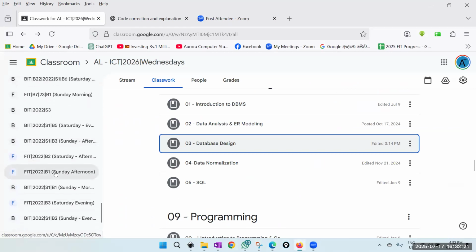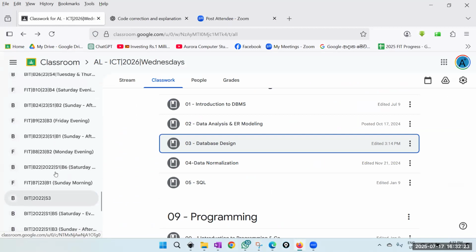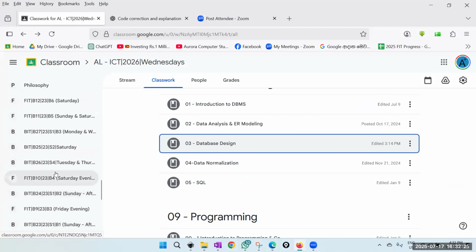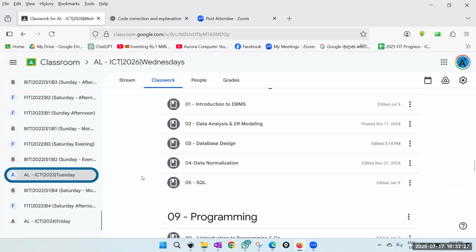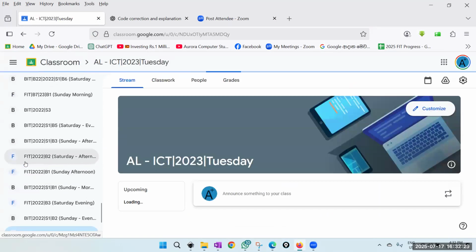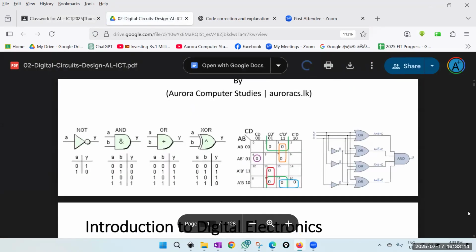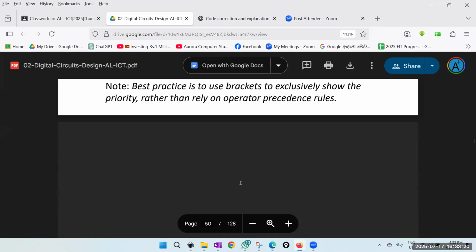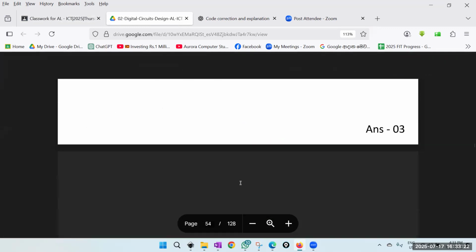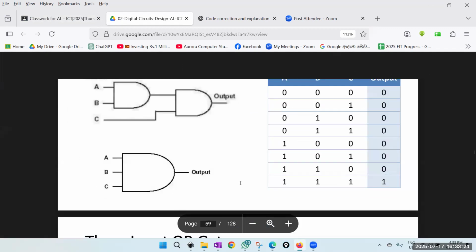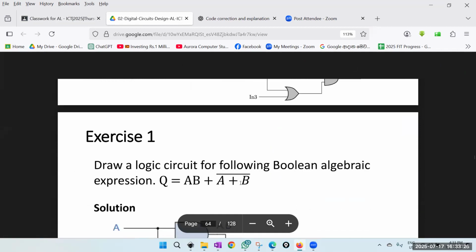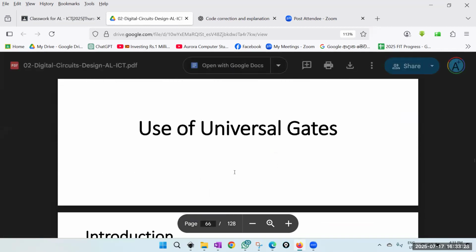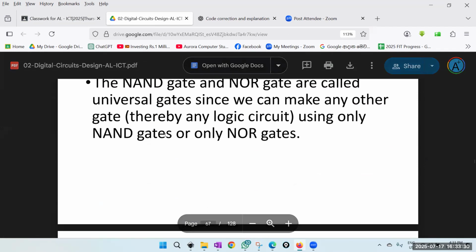Universal gates. What are the two universal gates?